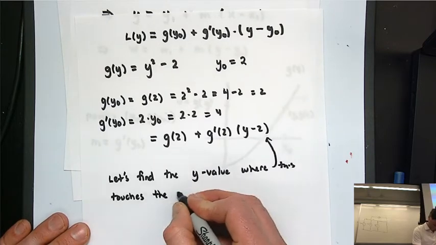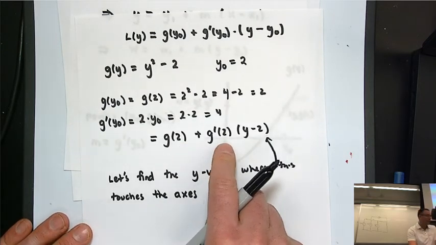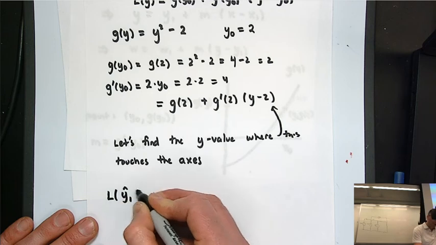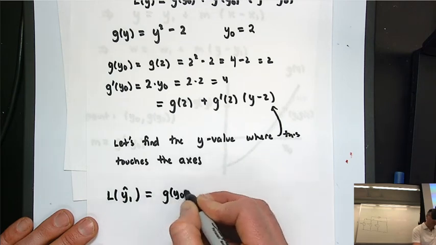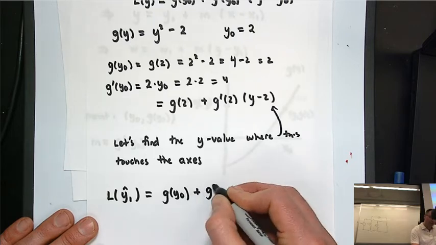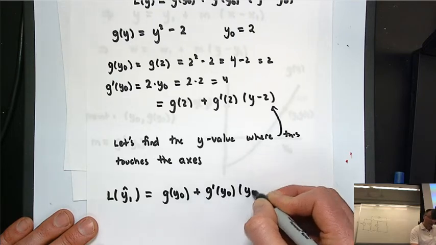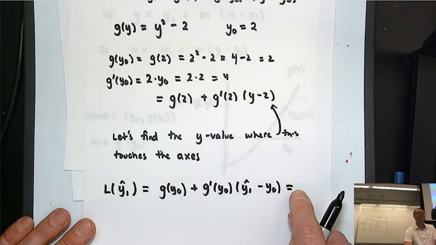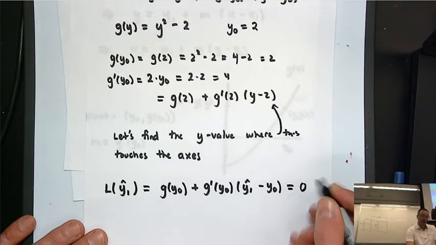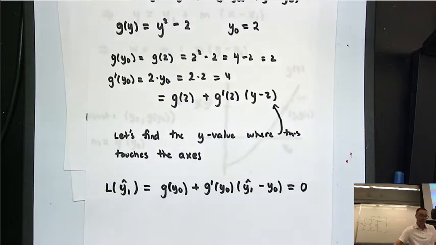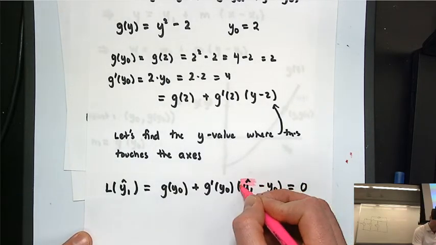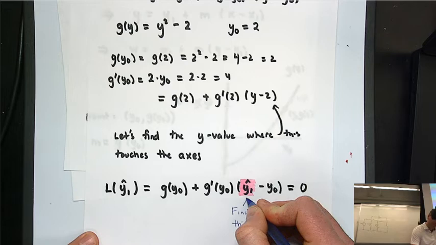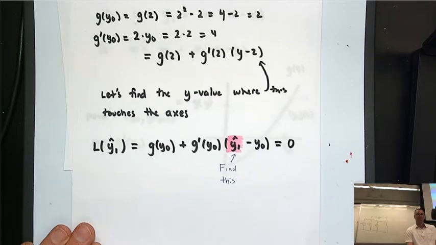Touches the axis. So what would I do to find the new location? In other words, in order to find my new approximation, which is going to be g of y naught plus g prime of y naught outside of y1, the thing that I want to find, I'm going to set the entire thing to 0 and then solve for it.